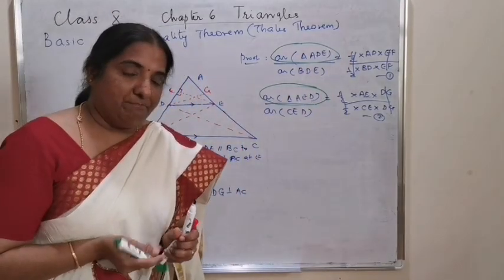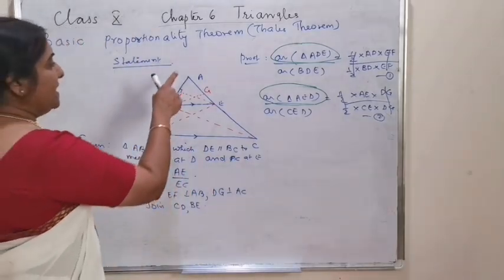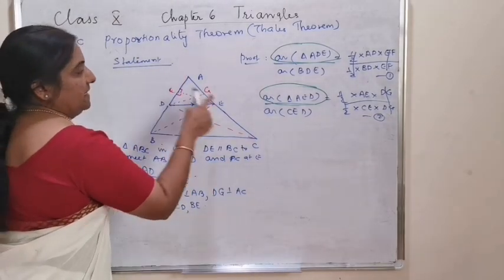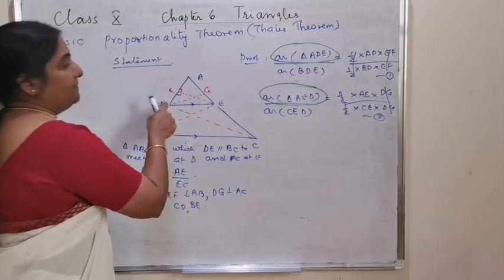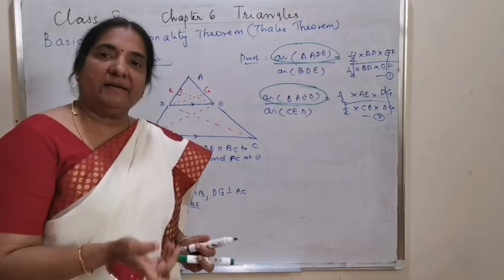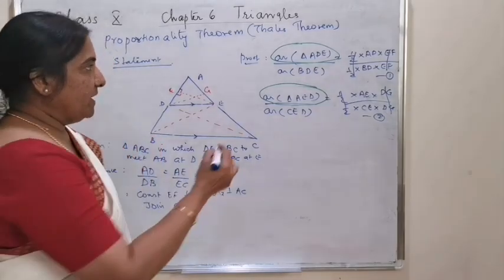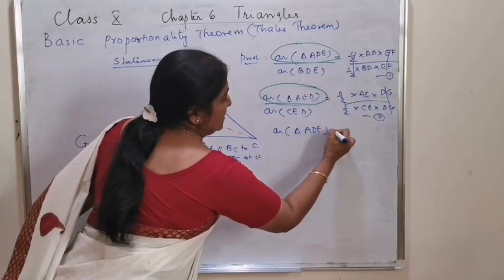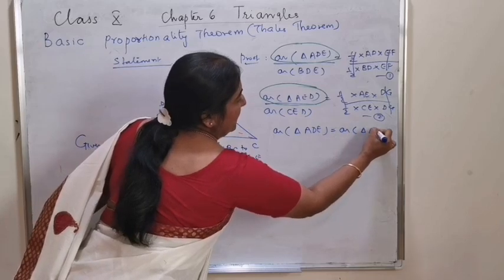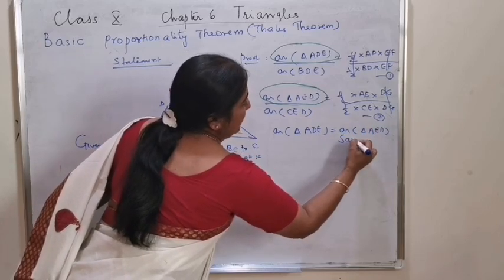Are they the same? Yes, triangle ADE and triangle AED are the same triangle itself. That is, area of triangle ADE is equal to area of triangle AED because they are the same triangles.